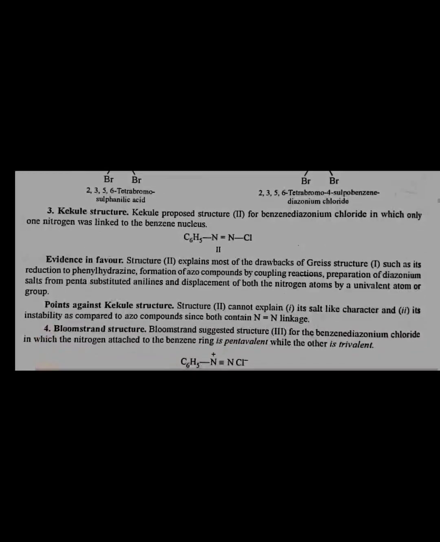Third, Kekule structure. Kekule proposed structure 2 for benzene diazonium chloride, in which only one nitrogen was linked to the benzene nucleus. Evidence in favor. Structure 2 explains most of the drawbacks of Griess structure 1, such as its reduction to phenyl hydrazine, formation of azo compounds by coupling reactions, preparation of diazonium salts from penta-substituted anilines, and displacement of both the nitrogen atoms by a univalent atom or group.